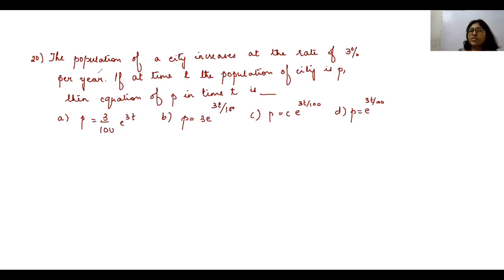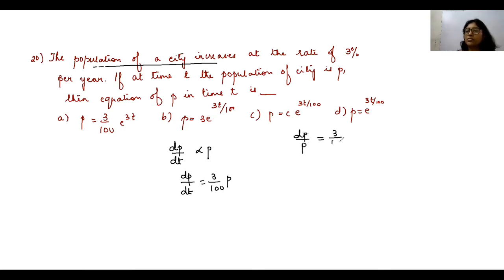Okay, this is a question of application of derivatives, and it is given that the population of a city increases. So let's say dp upon dt increases with respect to the population, obviously, but over here we could directly write it as given, 3%, so 3 upon 100 p. Now we'll put p with dp, it is variable separable again. So we take it here and we integrate both sides.